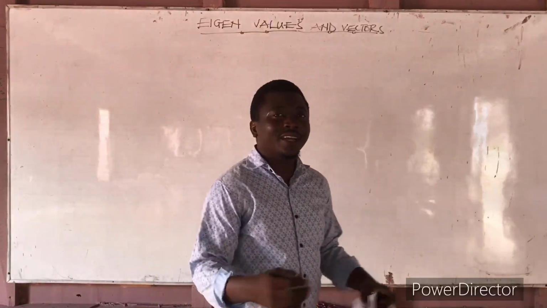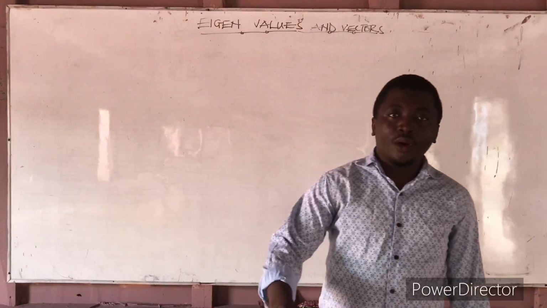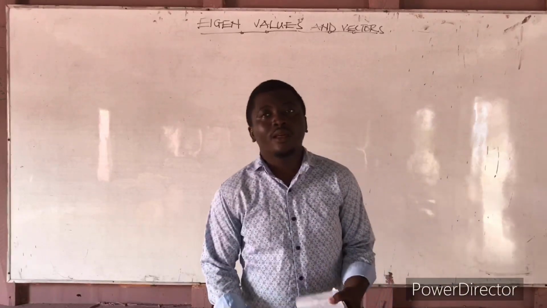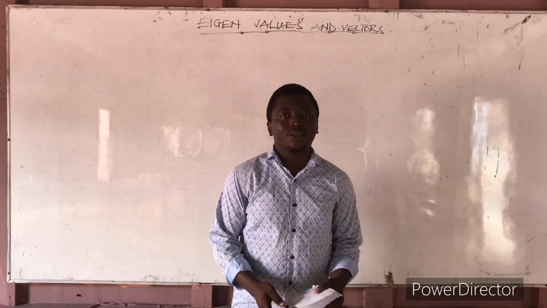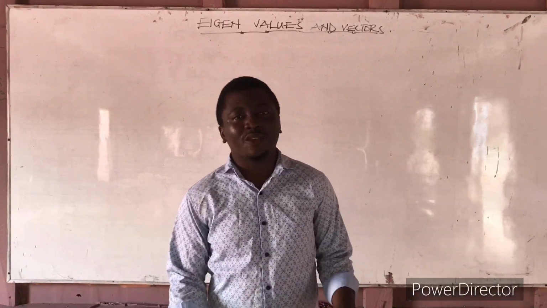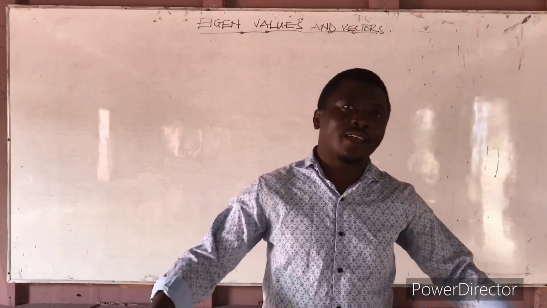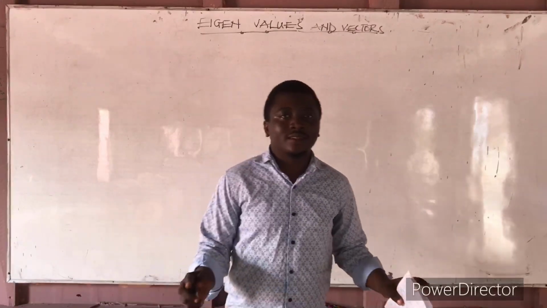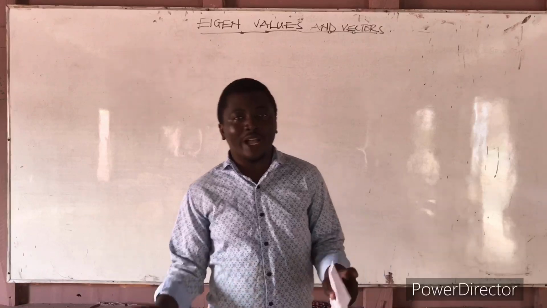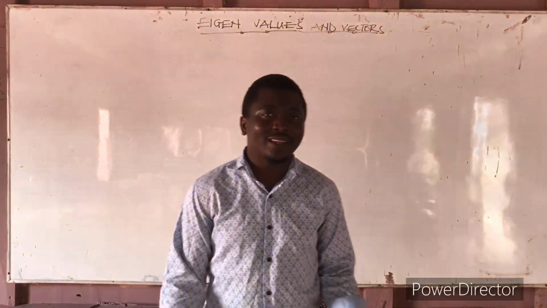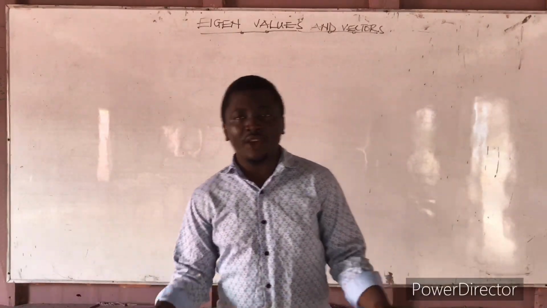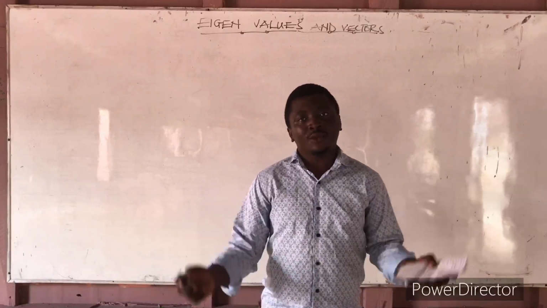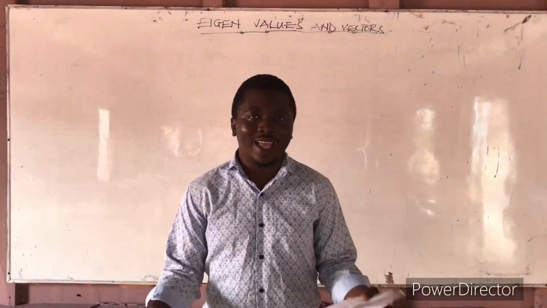Before you can find the eigenvalue of any matrix, you must make sure that the matrix given to you is a square matrix. If you are given a 2 by 2 matrix, you can find the eigenvalue. If you are given a 3 by 3 matrix, you can find the eigenvalue.